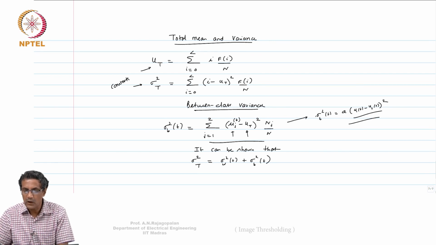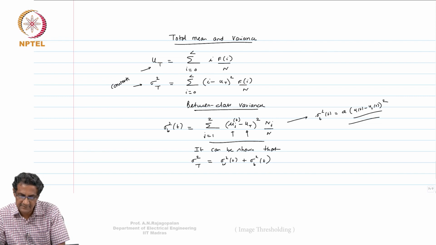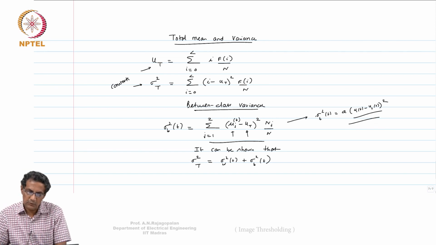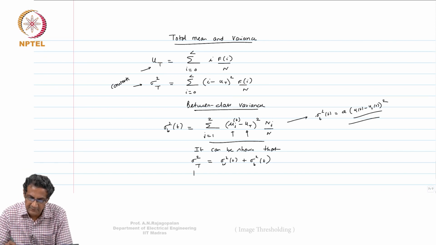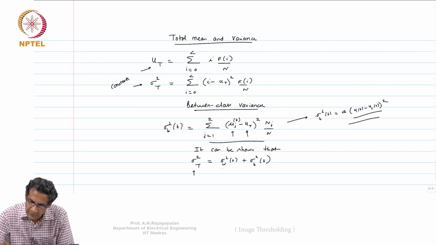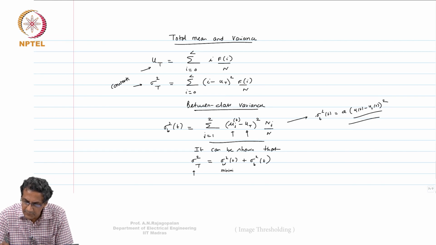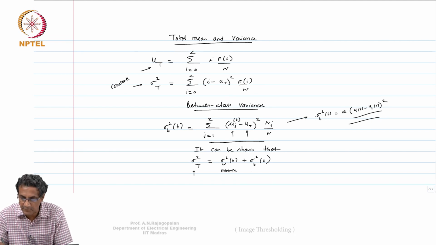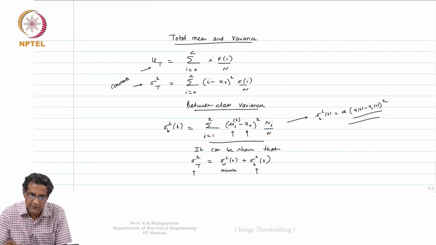This has a nice interpretation. Because sigma square t is a constant, independent of t, if you try to minimize the within class variance, this will automatically maximize sigma square b, because sigma square t should remain a constant.